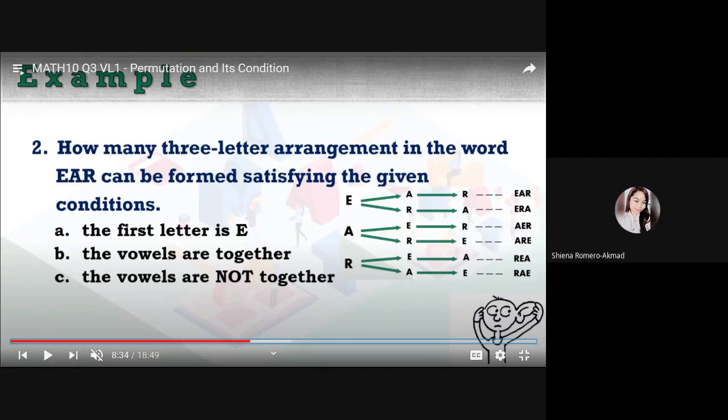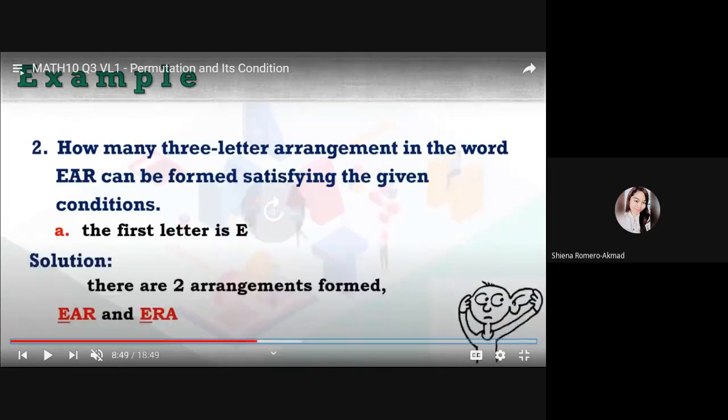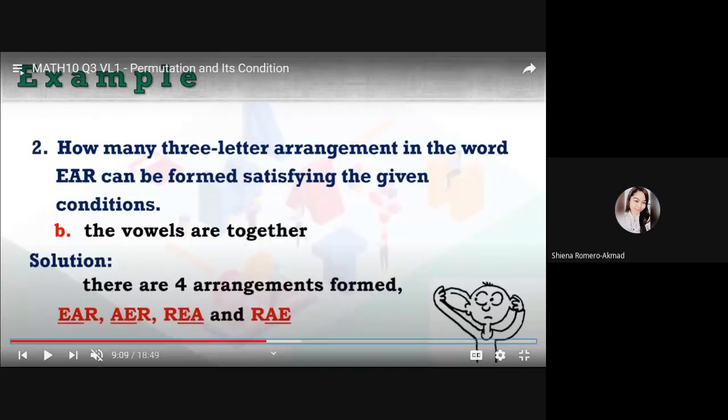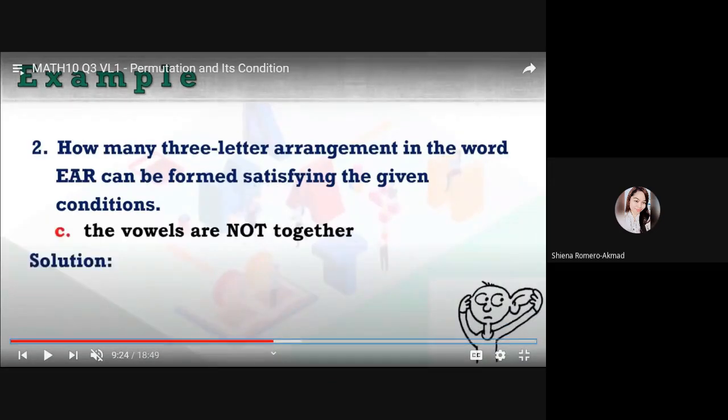So ito yon yung EAR, AER, REA, and AER. How about if the vowels are not together? 2. And that's ERA and ARE. So those are the conditions. And ito yung answers natin kanina. So letter B, ito naman yung answer. And for letter C, ito po yung answer natin.